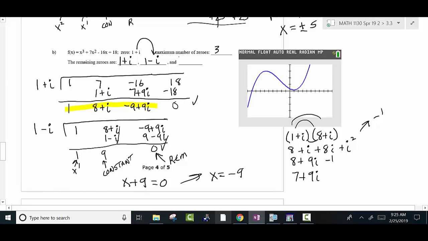You can tell graphically that that is right. On this odd polynomial, it crossed the x-axis once because we had one real 0. And every time you have an odd degree polynomial, it has to have at least one real 0. It has to cross the x-axis somewhere in order to have that shape.